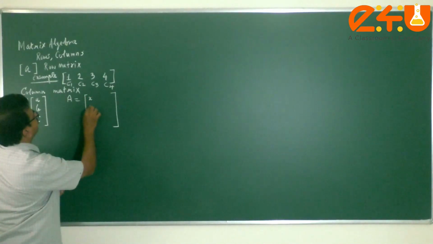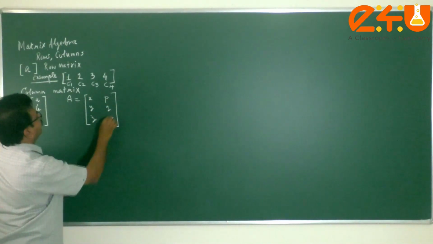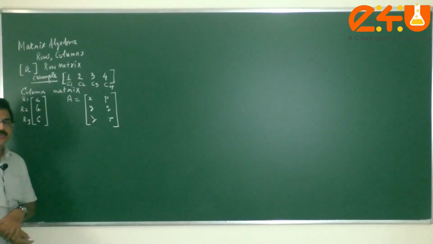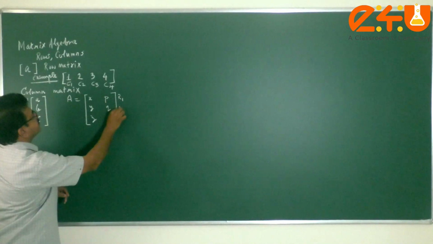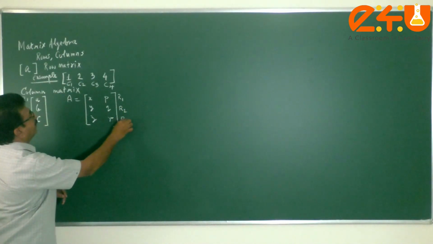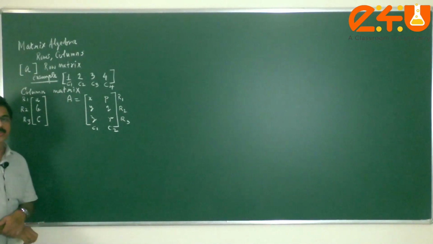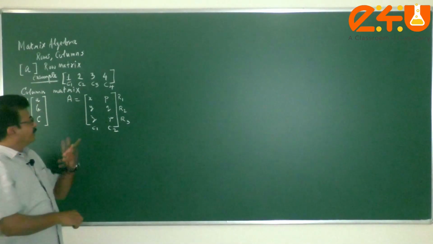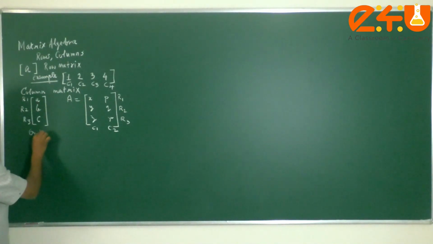I can call the entries X, Y, Z, P, Q, R. So what I have done here, as you can see, is 3 rows and 2 columns. So what we need to understand is the order of the matrix.